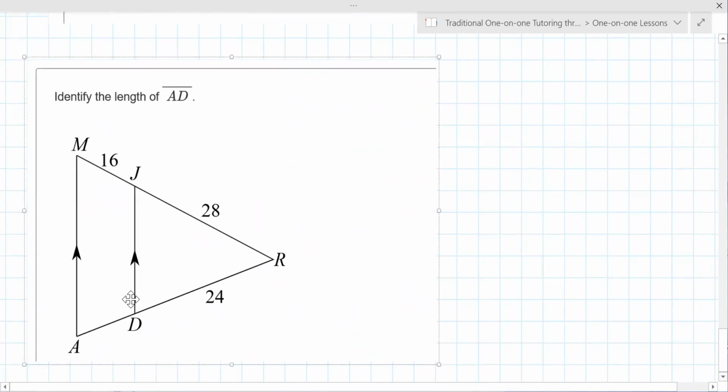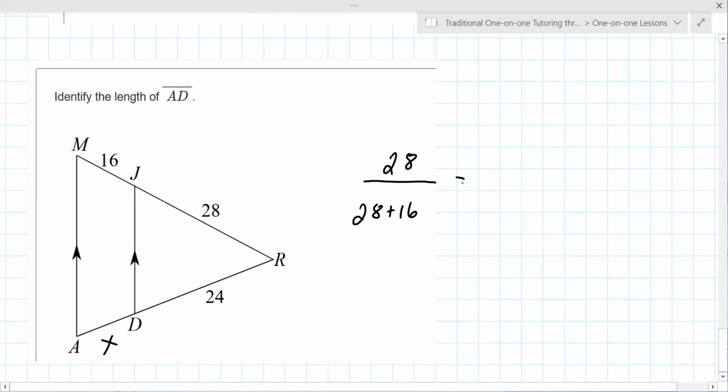Okay, so this one wants the length of AD, which is right here. And it's just like we've been doing before. It's the smaller side over the bigger side. You see that? Okay, now on the left here, this is 44.